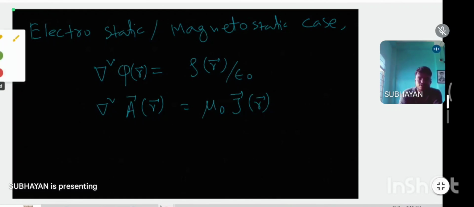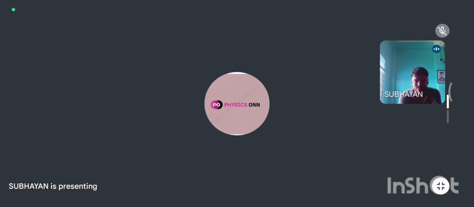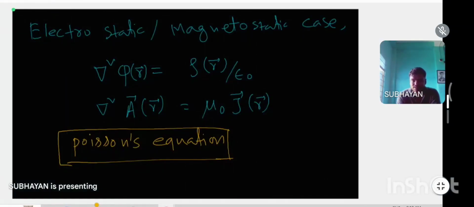And these equations are generally known as Poisson's equation. The special case is the Poisson equation. In the Poisson equation, there are inhomogeneous terms due to the external sources rho and J, and under these sources the dynamics of the potentials will be governed by this Poisson equation.